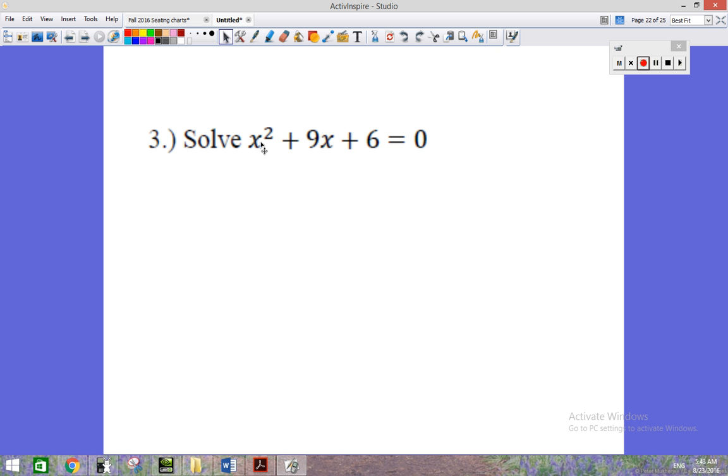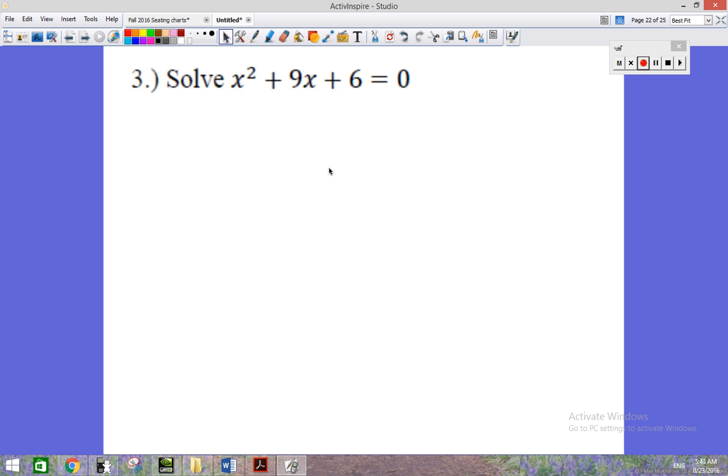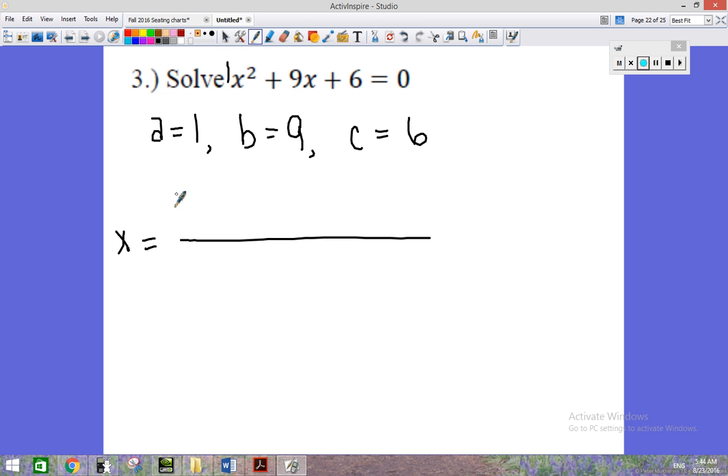But no matter what, we can always apply the quadratic formula. So let's identify A, B, and C. The quadratic formula is a fraction where the first term of the numerator is the opposite of B. The opposite of positive 9 is negative 9, plus or minus the square root of, and underneath here, just for your information, it's called the discriminant.